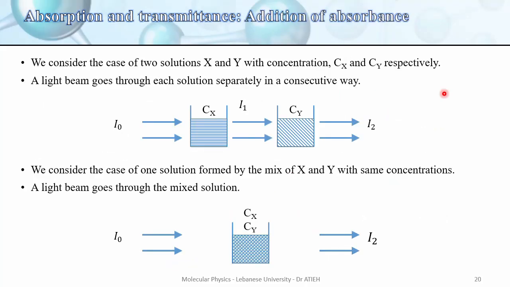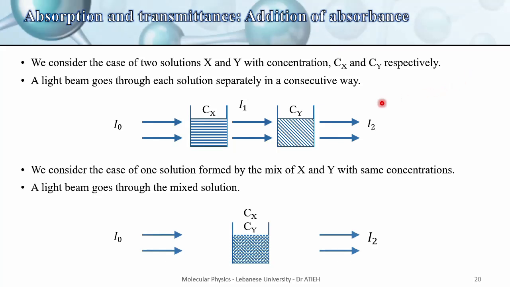Now let's look at what happens to the absorbance if we mix two substances X and Y of concentration Cx and Cy together in the same solution. First, let's consider them separated. So let's consider solutions X and Y with concentrations Cx and Cy respectively, each of them in a separate container, as you can see here.